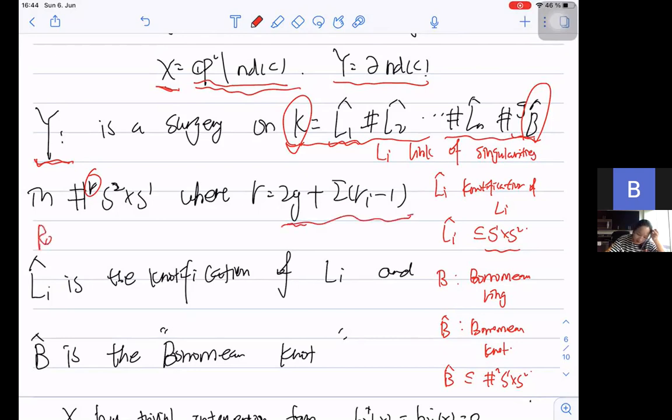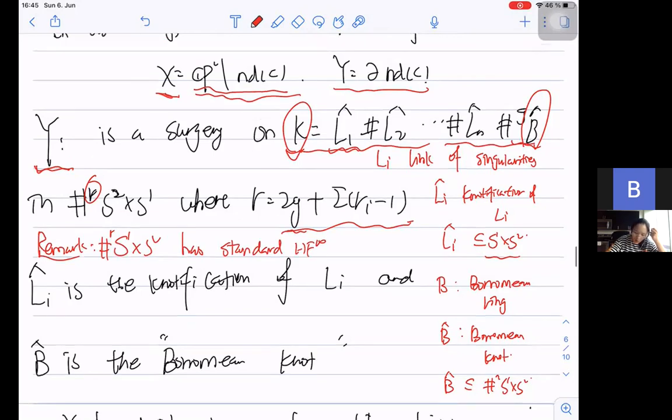And just a remark. As a three-manifold, S1 cross S2, no matter how many components you're doing the connected sum of, is always standard. So it has standard HF infinity module. And here Y, I didn't specify the surgery coefficient for Y, but actually, if you don't care about the details too much, you can simply regard Y as large surgeries on this knot inside the connected sum of S1 cross S2.